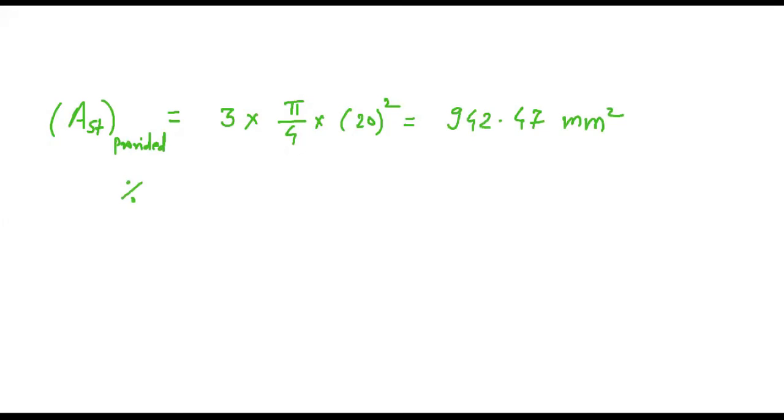Now calculate the percentage of steel, PT. PT is nothing but the percentage of steel. It is 100 AST provided divided by BD, that is 100 AST upon BD.